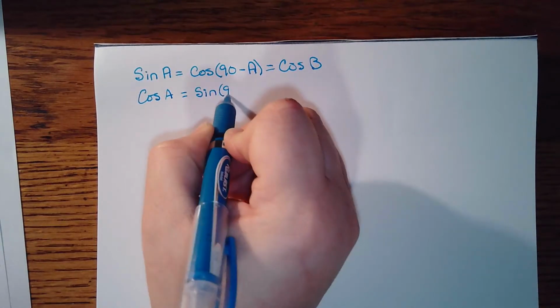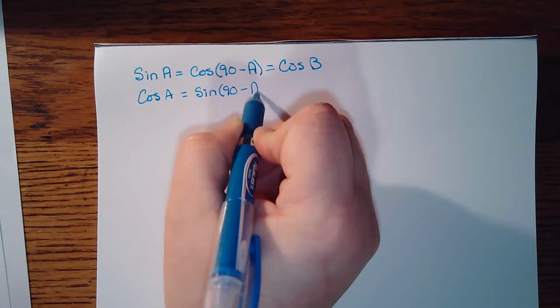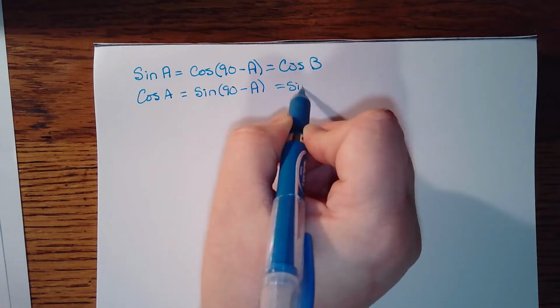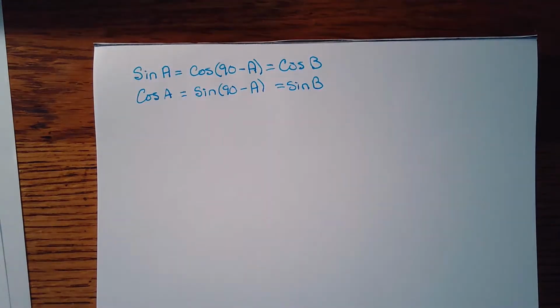It's 90 minus A, which is going to give me sine B. So let's put this back into a similar process. So 4 through 6 is doing this.